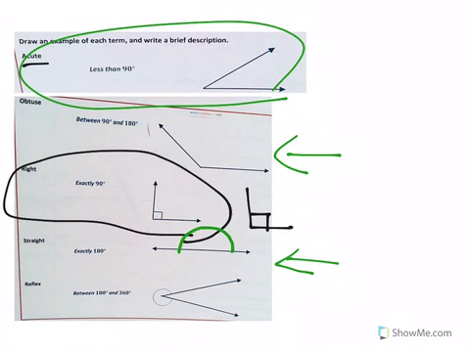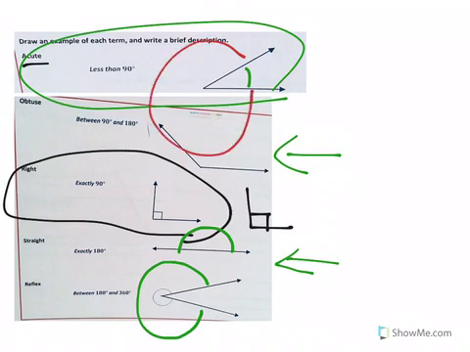A reflex is greater than a straight line, but not 360 degrees, which is a full circle. Like the acute angle is here, and the rest of the angle would be a reflex because it would go all the way around. So that's just a little bit of review.